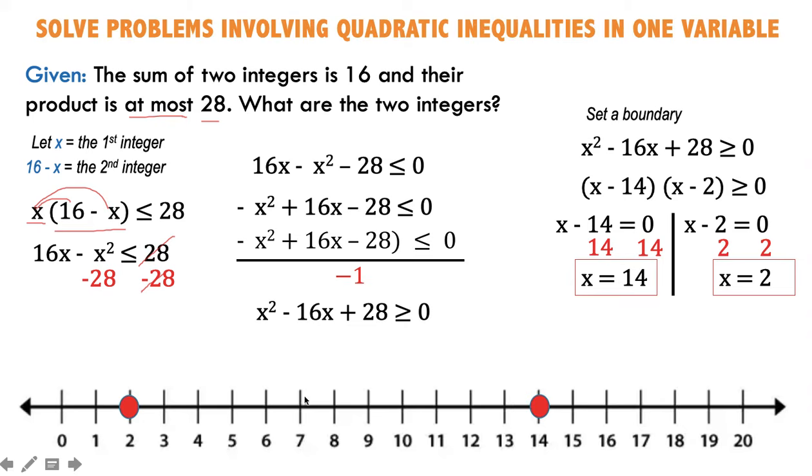Because of these two critical points, the number line is divided into 3 parts. This part is expressed by x is less than or equal to 2. The middle part is x is more than or equal to 2 but less than or equal to 14. And on the right side, x is more than or equal to 14.